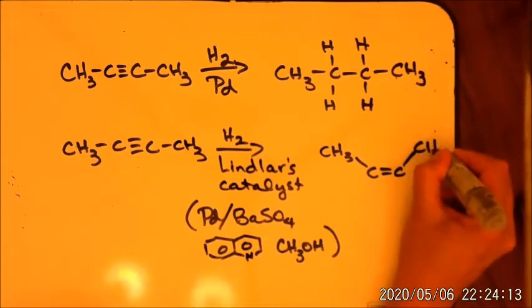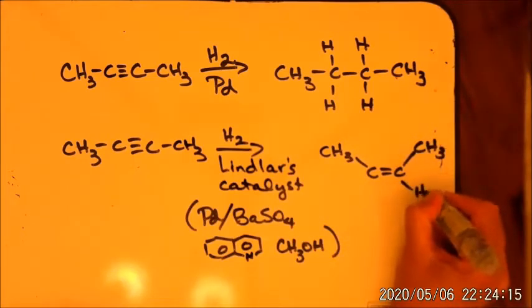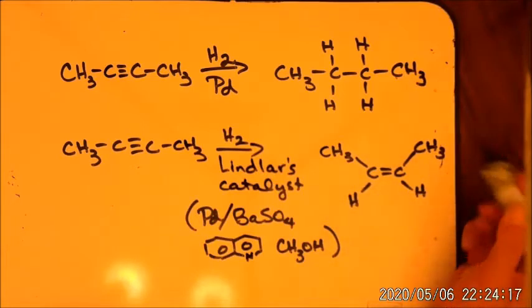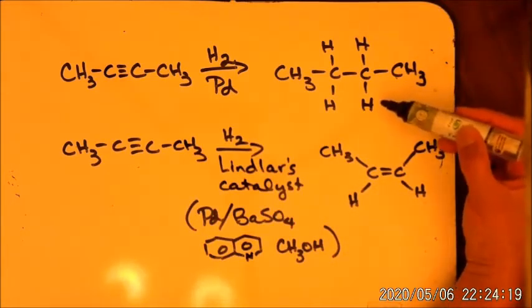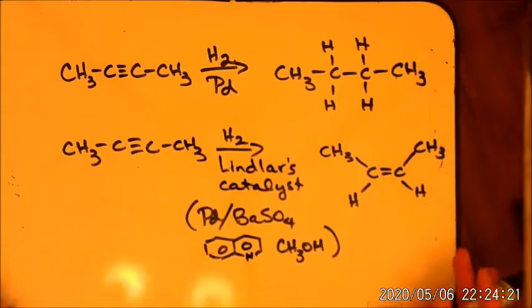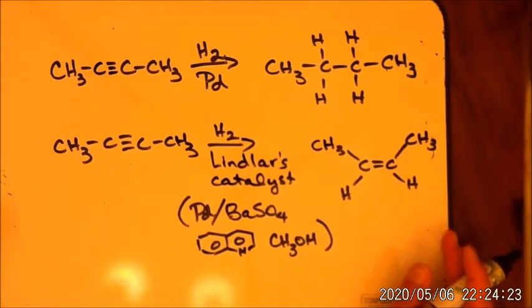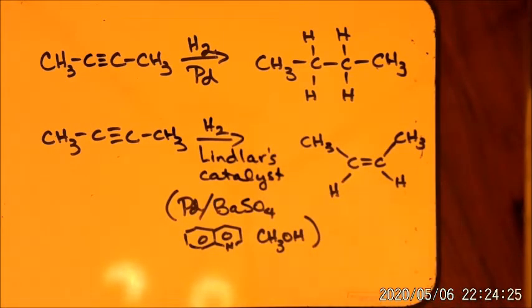It is not strong enough to catalyze it and go further to the alkane. So that's how we make a cis alkene. What happens if you want to make a trans alkene? If you want to make a trans alkene, then you're going to do it this way.